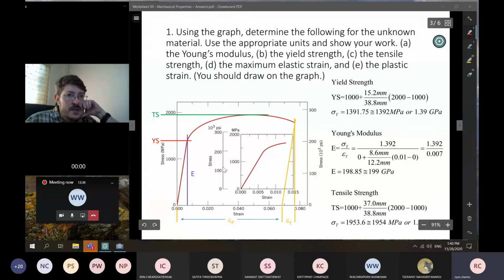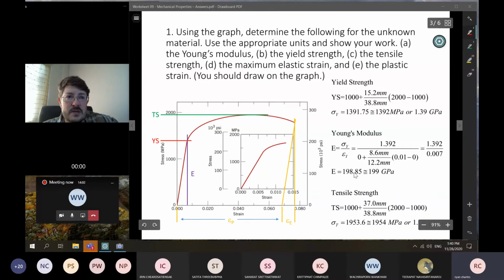All right, Young's modulus. If you did the yield strength first, you know that stress, and you can determine the corresponding strain. Here I interpolated the corresponding strain, and so you get the modulus.